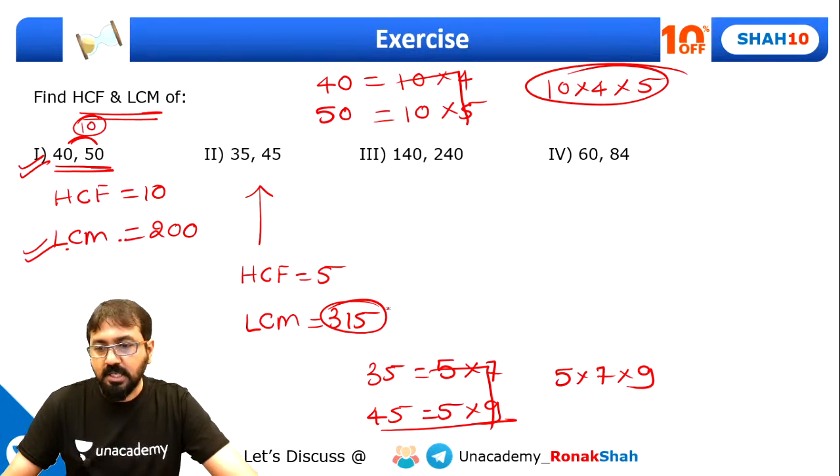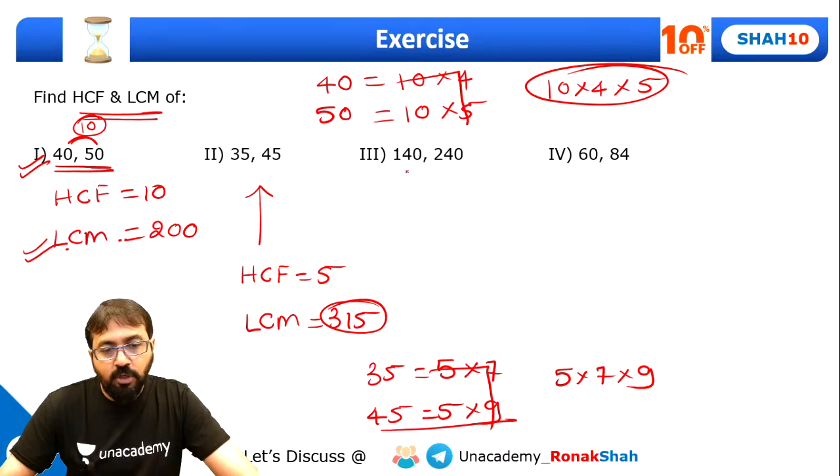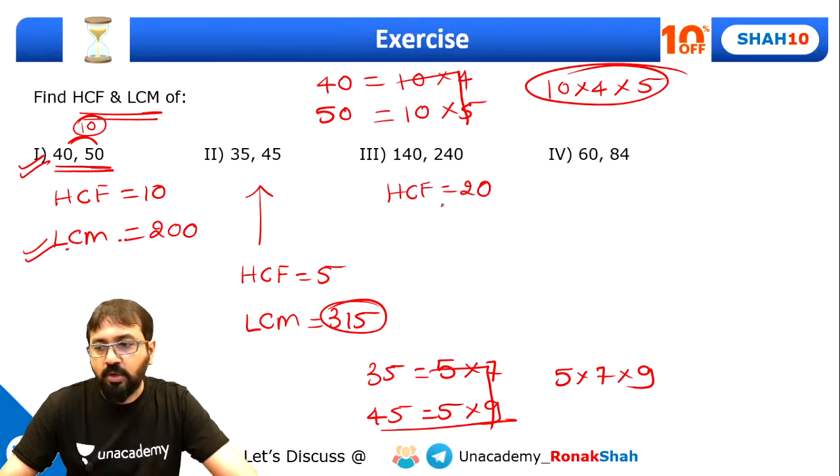है ना, कर सकते हैं ना? Okay, fine. Okay, what about this one? इसका तो HCF देख के ही पता चल रहा है, दोनों नंबर 20 से डिवाइड हो रहे हैं। अभी LCM क्या आएगा?